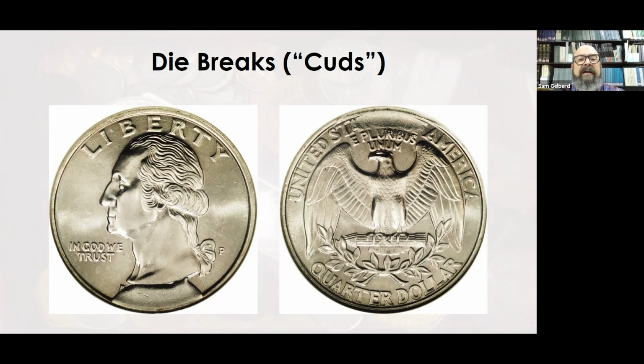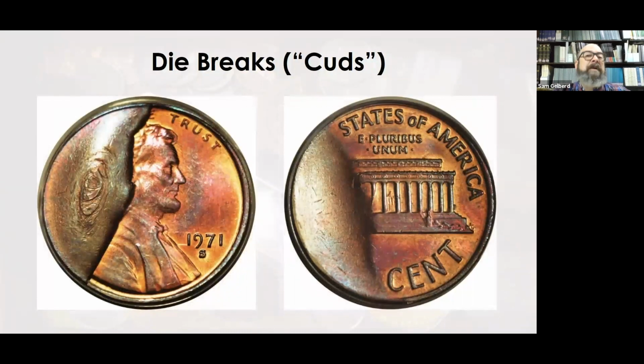It kind of looks like a cud a cow was chewing on and just kind of fell out and landed on a coin. Here's a major cud. Love this coin. I would not turn that one down in my collection for sure. Beautiful coin. And you can see on the reverse that it just didn't have room to strike all the way up, but the obverse where the die shattered, it just kind of leaves this weird design on there. Pretty dramatic, pretty cool.